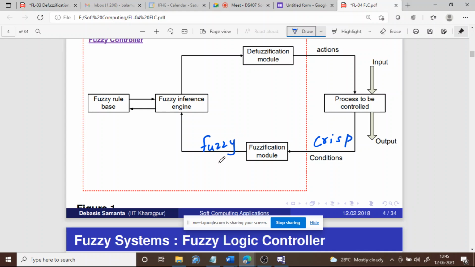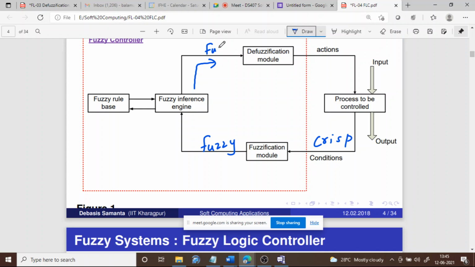Then it passes through the fuzzy inference engine and goes through some transformation. The actual processing happens here based on the fuzzy rules, and the output produced will be a fuzzy output.